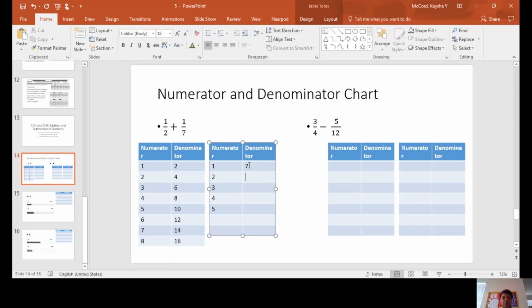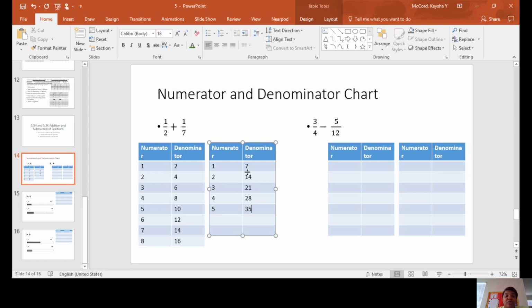So 7, 14, 21, 28, 35. So these fractions, 2/14, 3/21, 4/28, and 5/35 are fractions that are equal to 1/7.